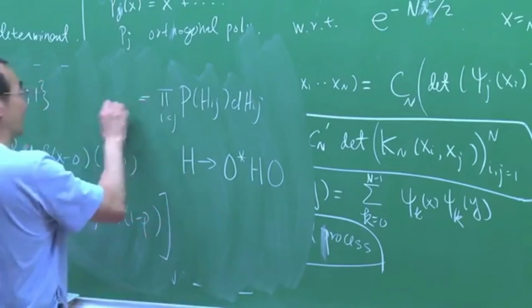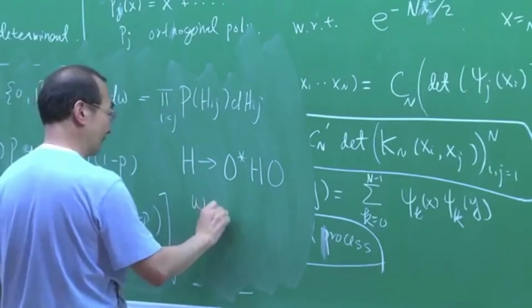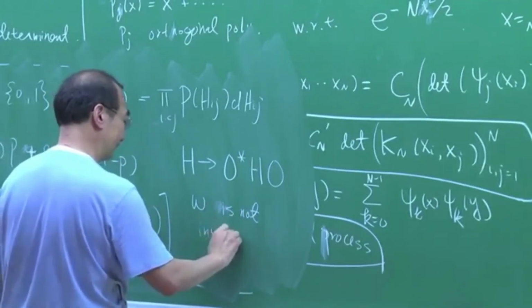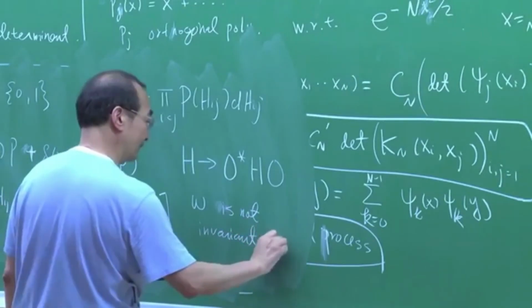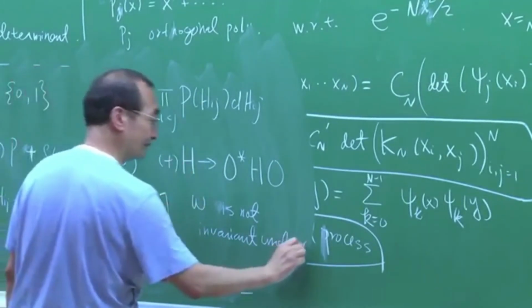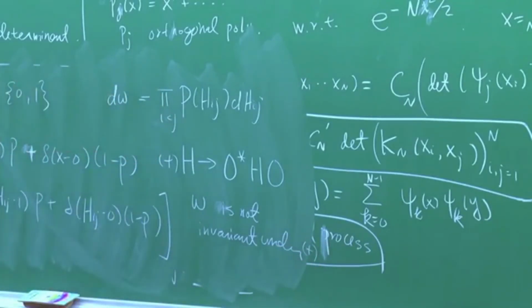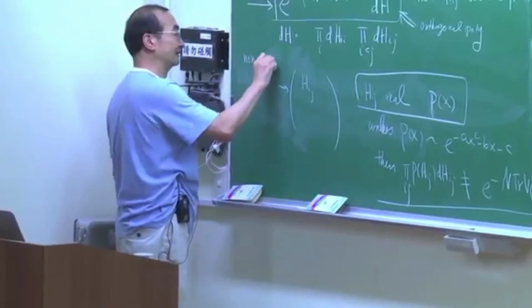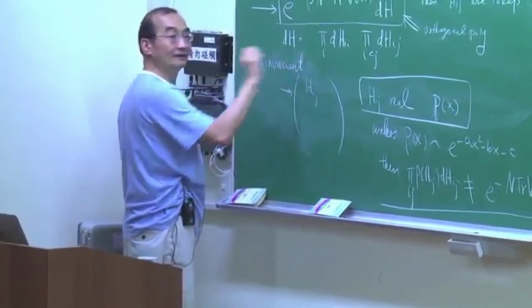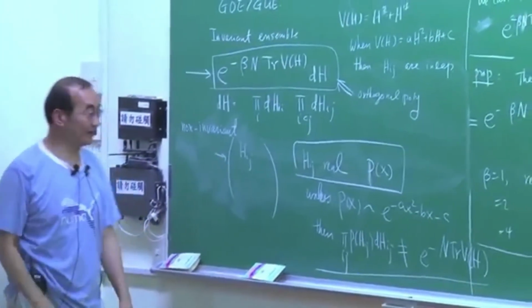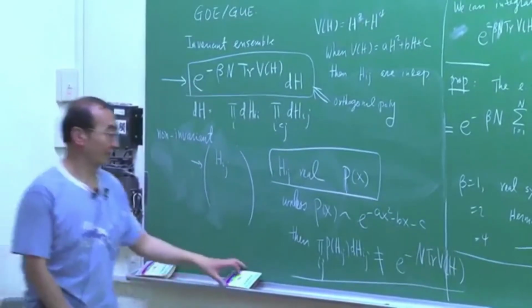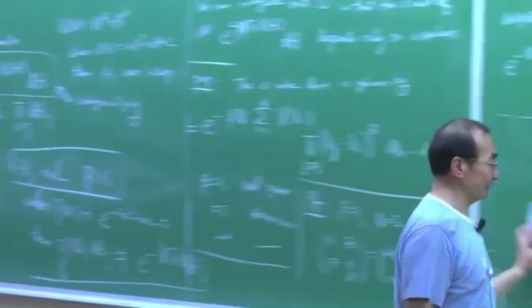So this measure omega is not invariant under this transformation. So these two classes are completely separate. This class is called a non-invariant class. Okay. So maybe I will continue and we can discuss this after the talk. Okay. So all right.